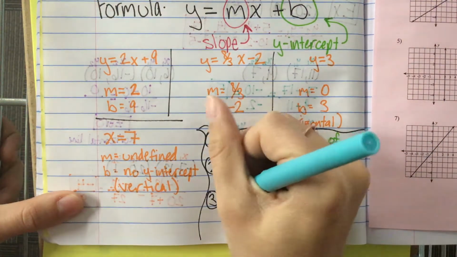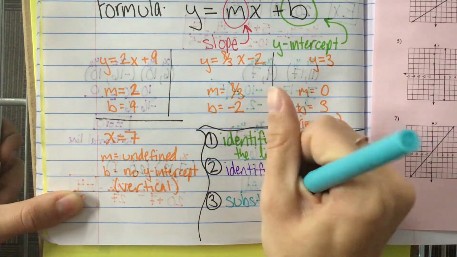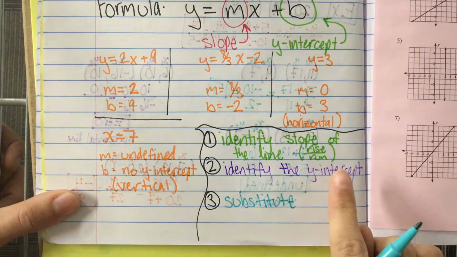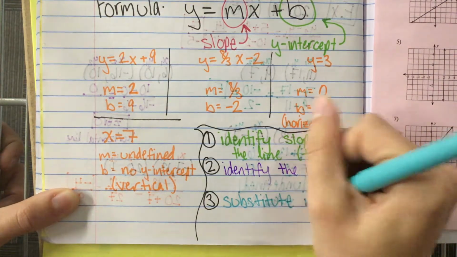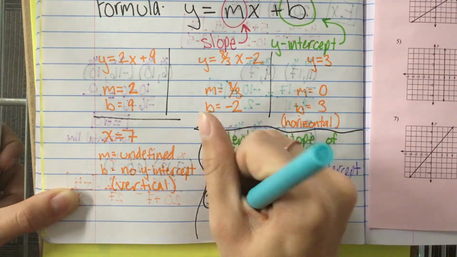Third step, substitute into formula. Substitute the values that you just found, the slope and the y-intercept. Substitute those values into formula.